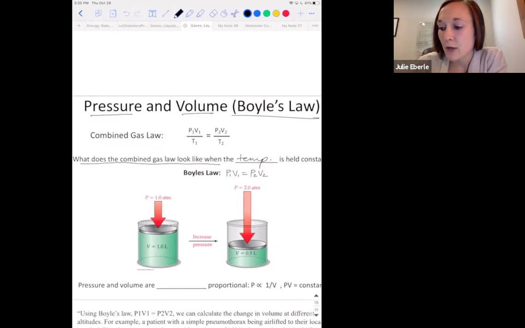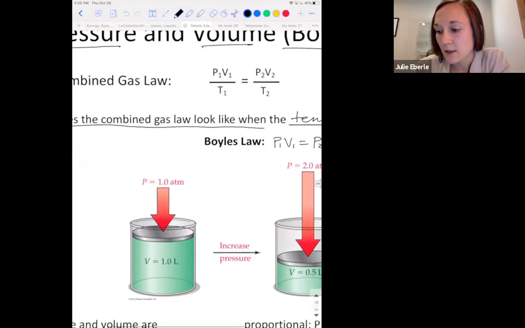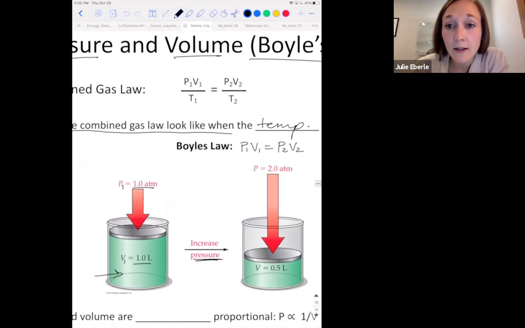So if we're understanding how pressure and volume are related to each other, essentially this would be our P1. So let's say we have an initial set of conditions. Pressure is 1 atm for this gas. Okay, the gas is inside here. And the volume of our container is 1 liter. That would be V1. If we increase pressure, let's just say we push down on the lid until we get half the volume, or until we double the pressure.